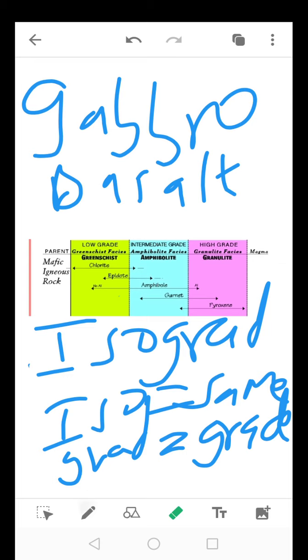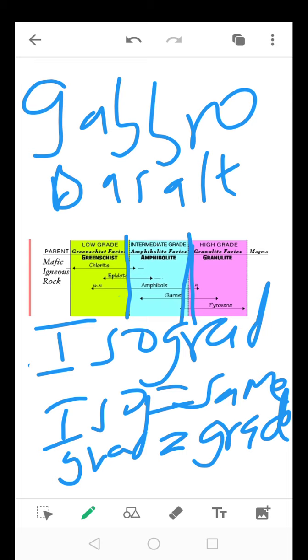So what does the isograd mean? The isograd means nothing but the line that separates each metamorphic zone. If I were to draw this, you can say it's an isograd because it is a line that separates each metamorphic zone.